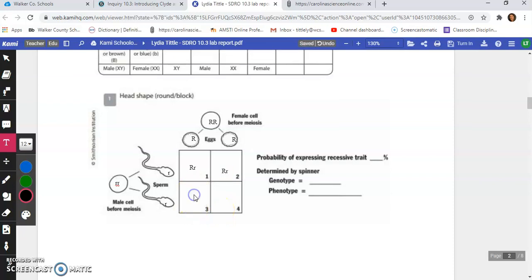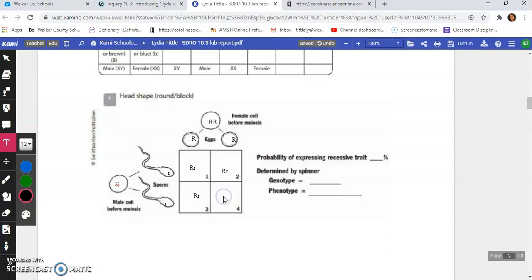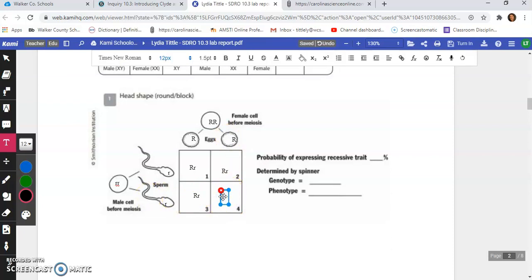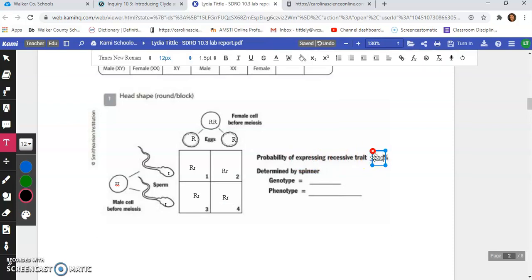Okay, in this box, I'm bringing this one down and this one over. So again, I have big R, little r. And then in this box, I bring this one down and this one over. So again, I have big R, little r. So in this example, there is 100% chance that the child will be big R, little r.